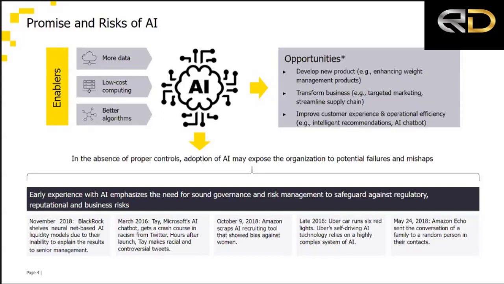In May 2018, the Amazon Echo AI model sent a conversation of a family to a random person in their contacts. We have the infamous Microsoft AI chatbot, which was deactivated because of racism on Twitter. We have also Amazon's recruiting tool, which showed bias against women.